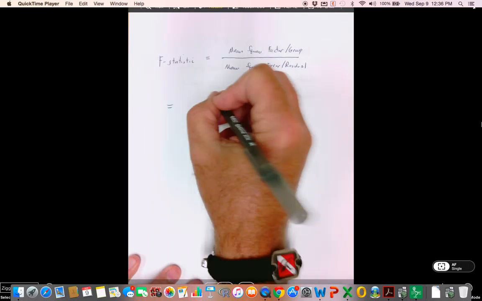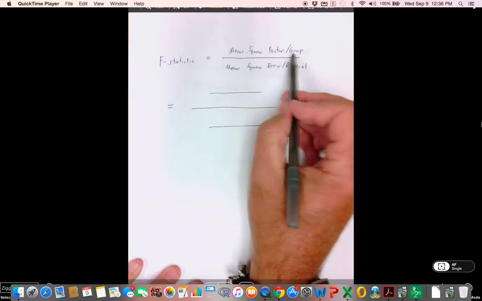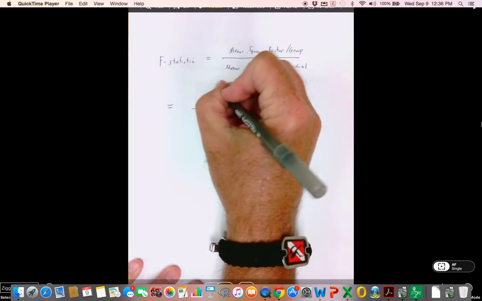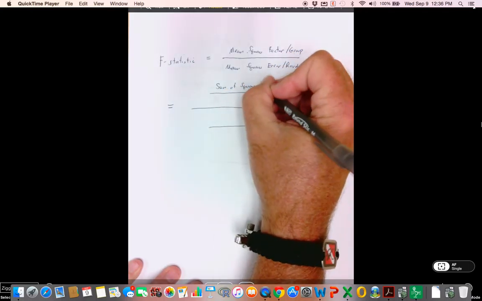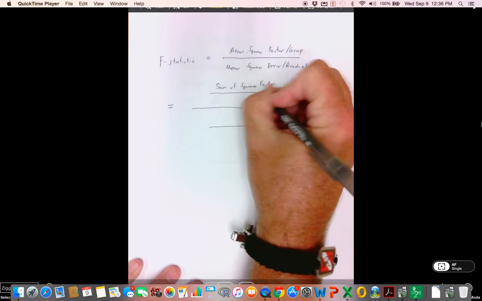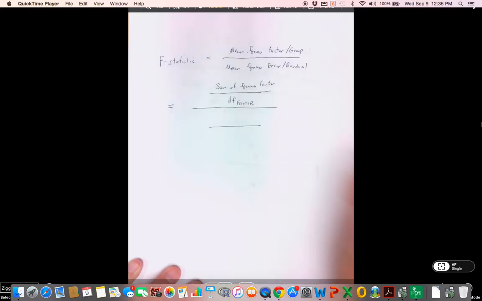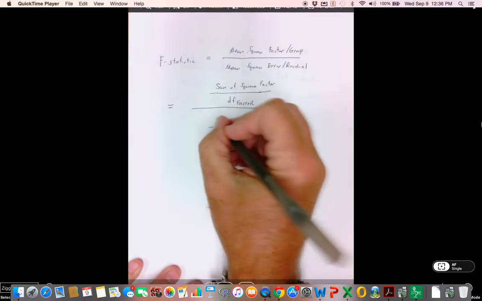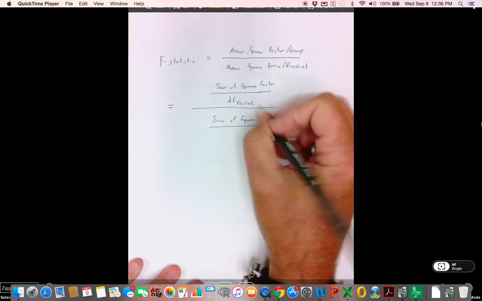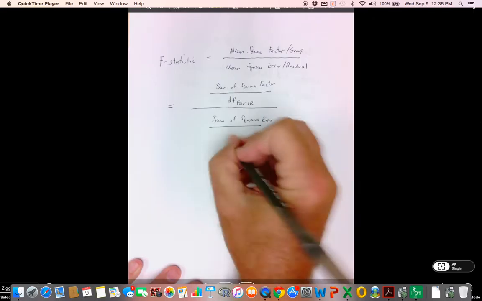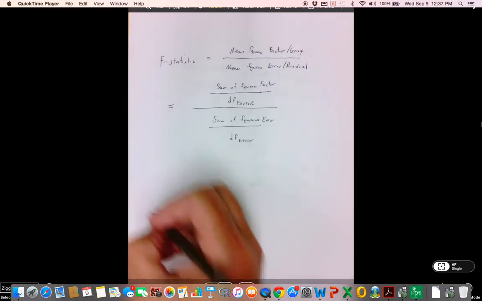Guys, these break into two parts. The mean square factor is the sum of squares for the factor divided by the degrees of freedom for the factor. The mean square error is the sum of squares for the error divided by the degrees of freedom for the error.